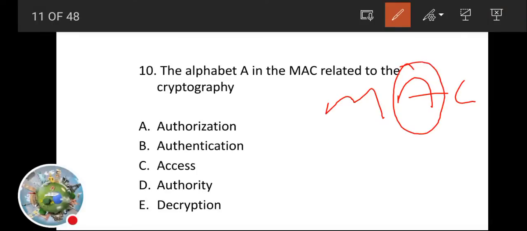When you get permission, that is called authentication. You have to authenticate. So the sender information has to be matched with the decryption information, then it's valid. So it is called authentication. Message authentication code is the full form of MAC.